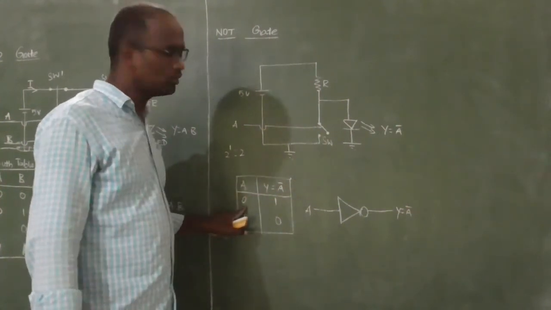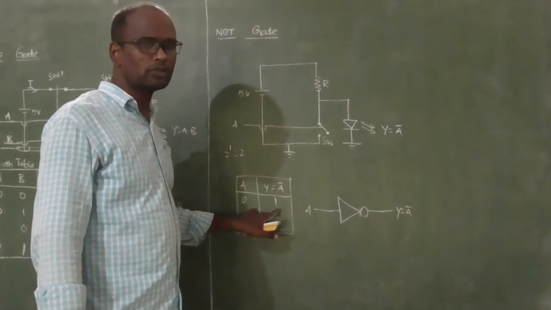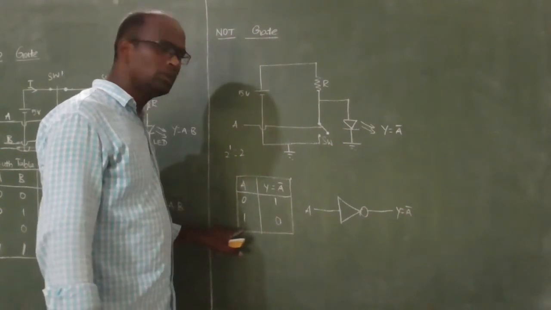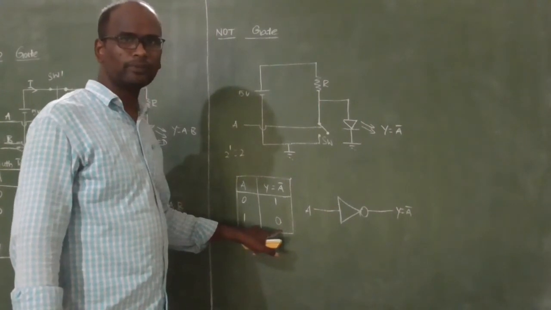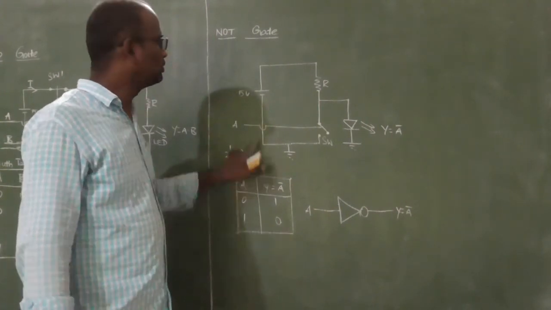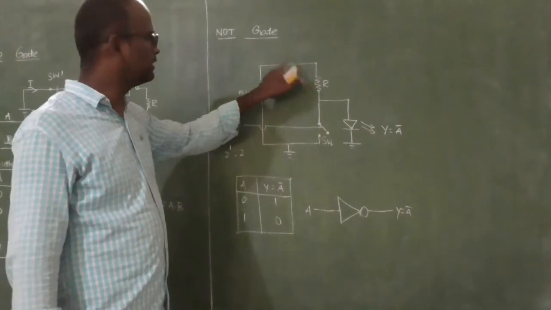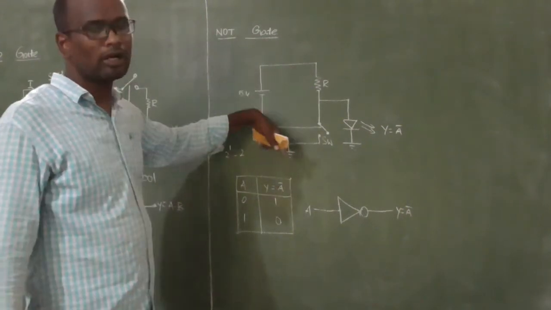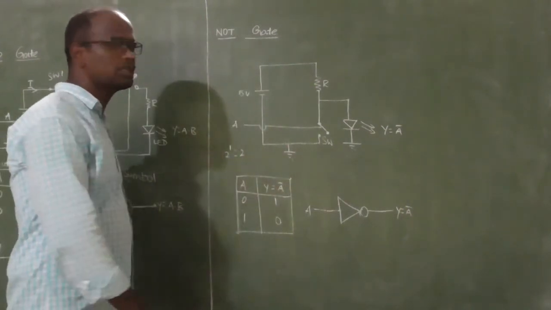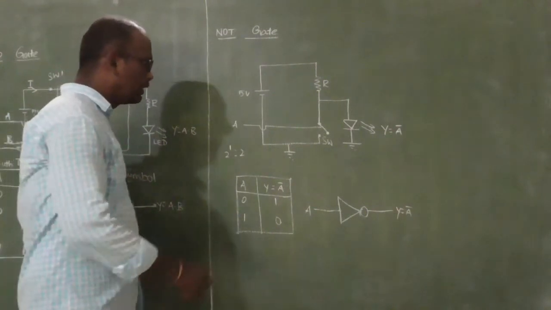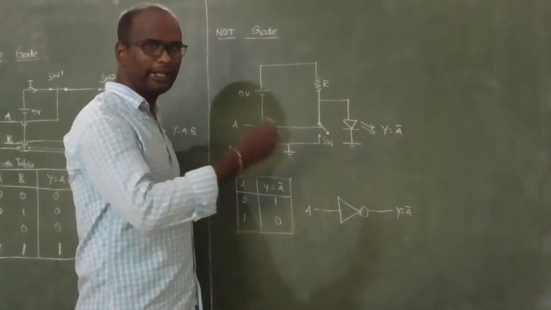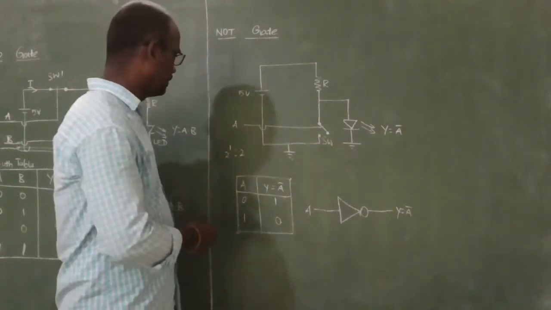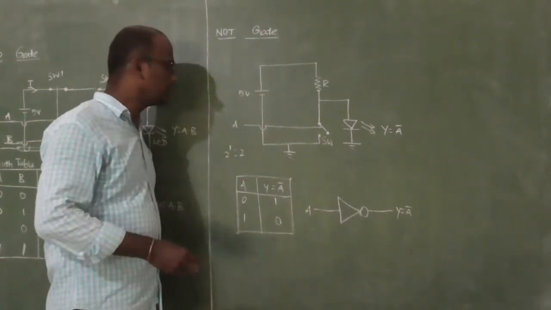If we apply 0, then we get logic 1 at the output. If we apply logic 1, we get logic 0 at the output. Okay, how are the operations performed by this circuit? This is the NOT logic circuit, that is a NOT logic switching circuit. Let us consider the input conditions and output yield for this circuit according to this truth table.